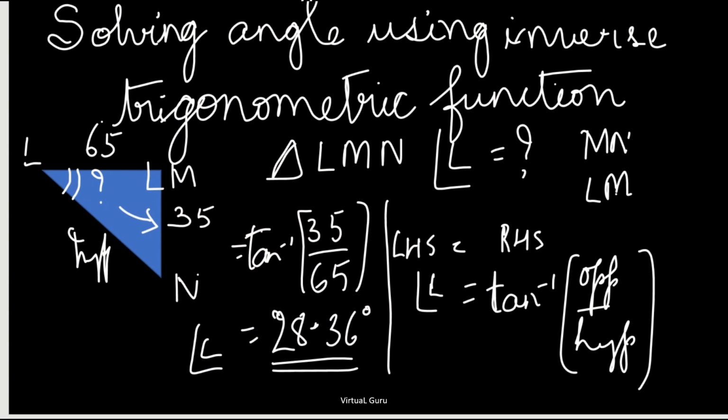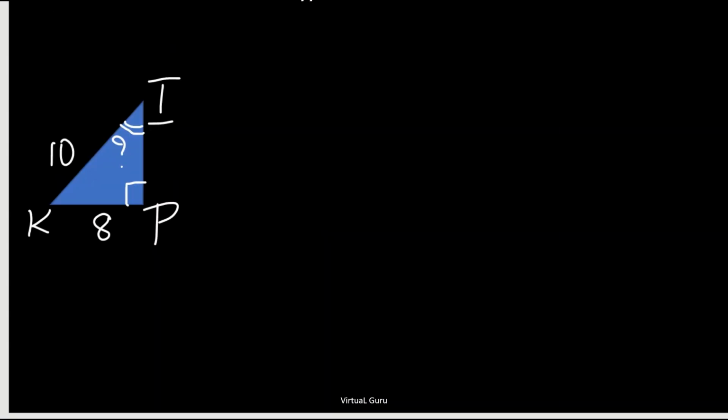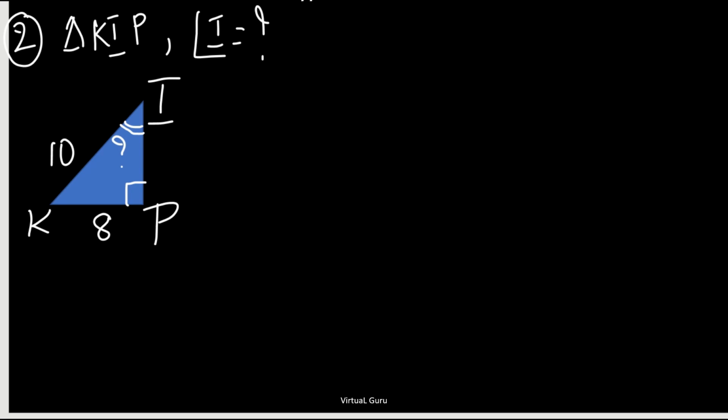Next, coming to another problem. I'm sure you'll be having a lot of confusion right now, but it will become less confusing when we solve more and more problems. So our second question: triangle KIP is given and we have to find angle I. How do we proceed with this?